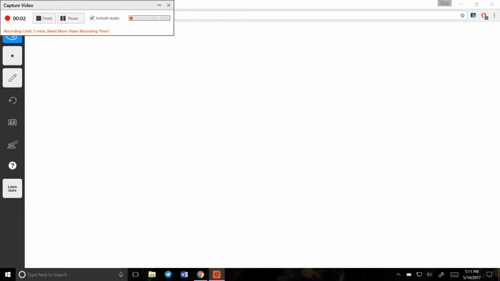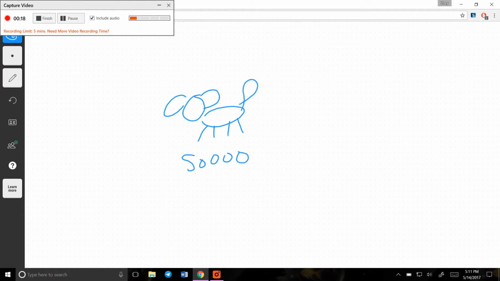Now let's work a problem using this formula for gravitational potential energy. Let's say there's a puppy out in space. And it weighs about 50,000 kilograms.